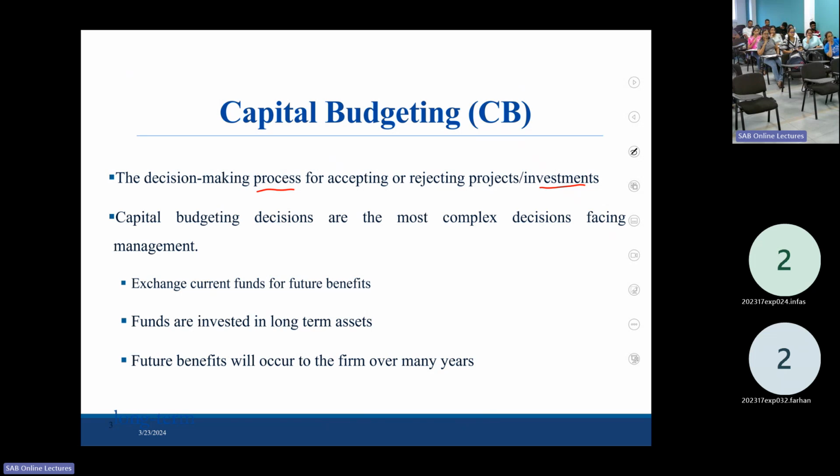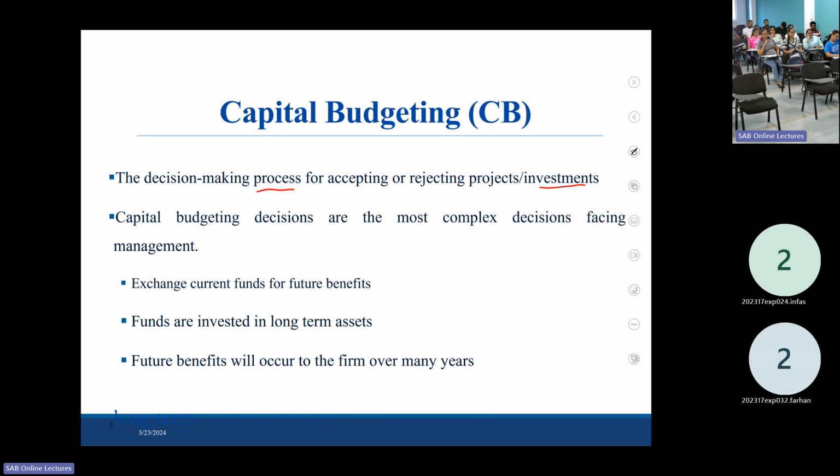The company's risk is affected largely by this investment project, so the financial manager should take this decision very carefully, because it affects the risk, growth, and the going concern. So this is very important for the company.